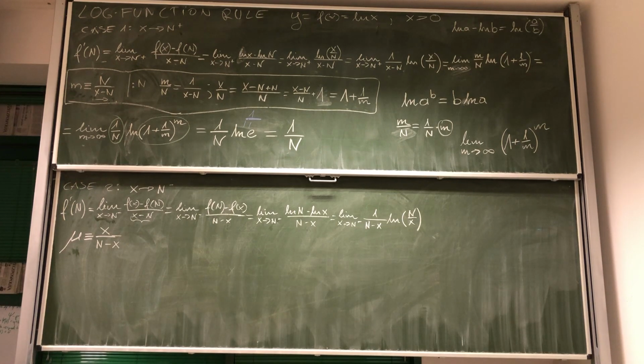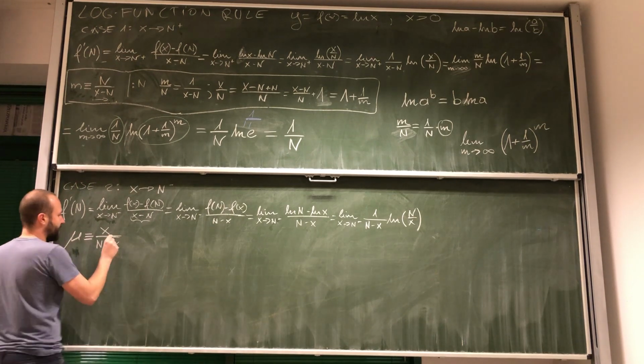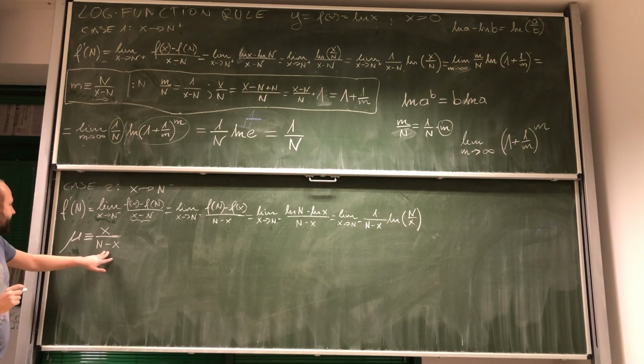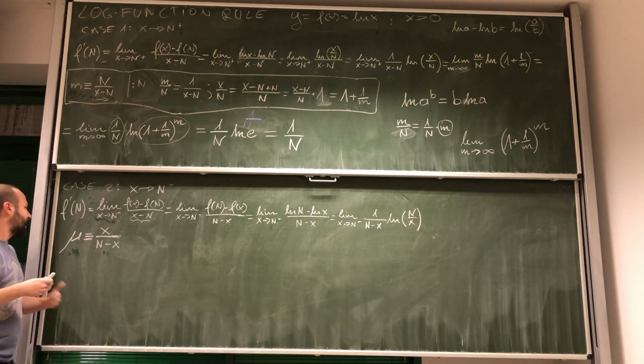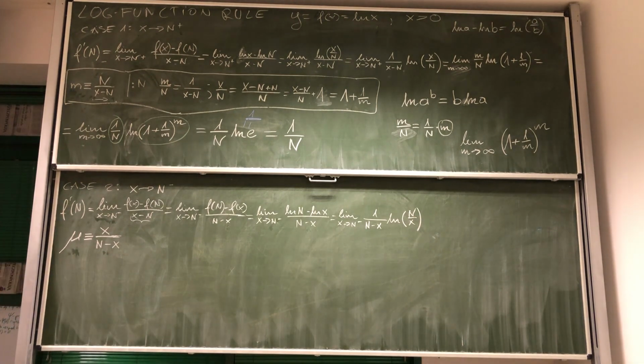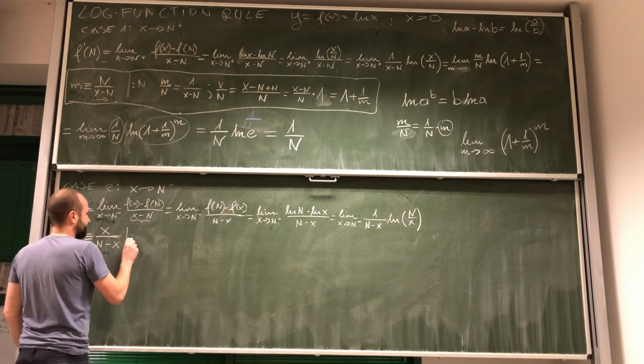Okay, so now what is going to happen later? Of course, I need to go through more or less the same steps I've taken over here. So now, look, I'm going to divide both sides here by x.